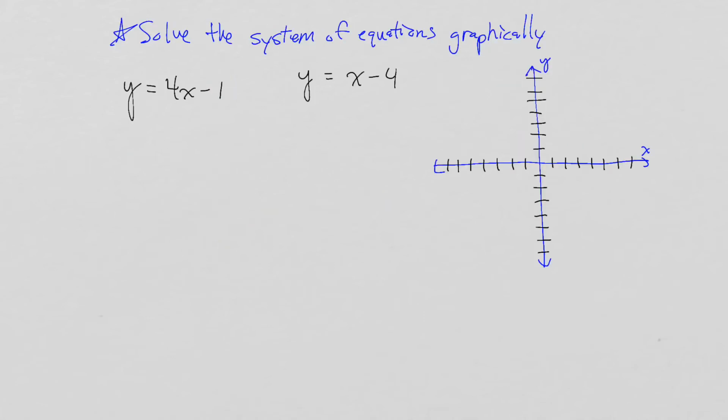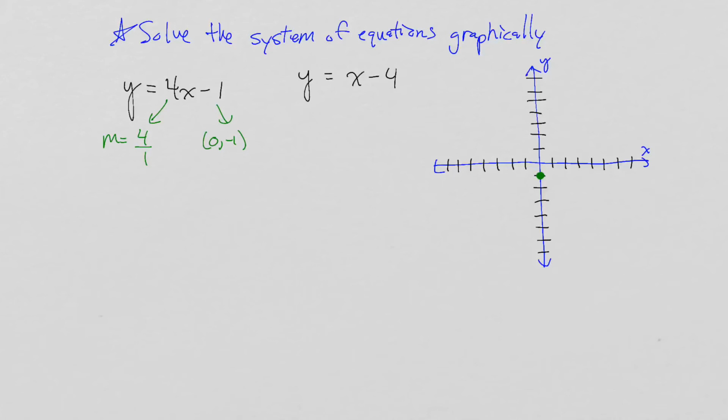Okay, next we have solve the system of equations graphically. And notice that both equations are in y equals mx plus b format, which tells us right away that this 4 is a slope, which is going to be 4 over 1. And then this is the y-intercept at 0, negative 1. So we can plot negative 1 for y right here.